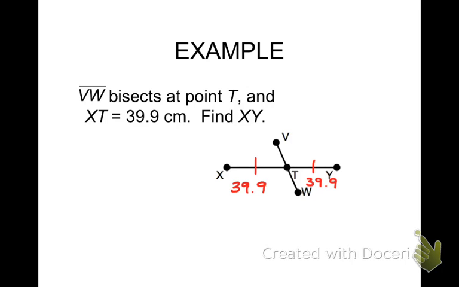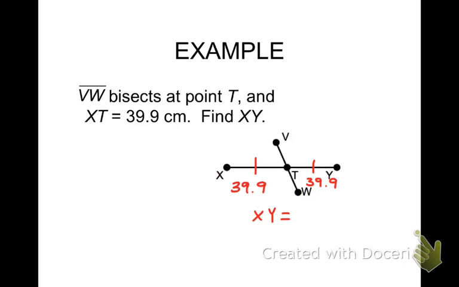39.9. Question's asking for the length of XY, so what are we going to do? Add them together. What's the easiest way to add 39.9 plus 39.9? Multiply by 2. But how can I do this mentally without having to use a calculator? What's the number that is close to? 40. What's 40 plus 40? 80.